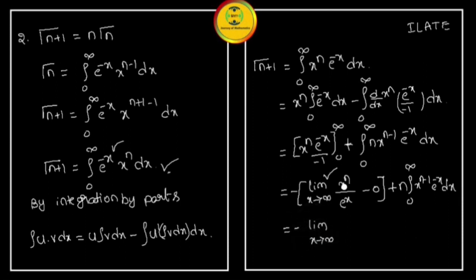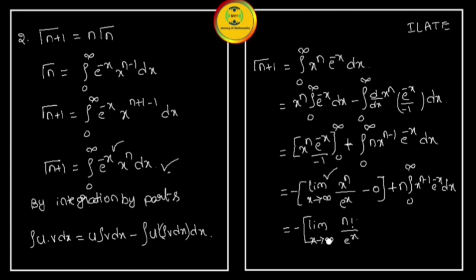If I apply L'Hospital rule n times, that means differentiating x power n for n times, we will get n factorial divided by e power x. Because if I differentiate one time, you get n into x power n minus 1. If I differentiate a second time, n into n minus 1, x power n minus 2 we will get. Similarly, if I differentiate n times, we get n factorial divided by e power x. If you differentiate e power x any number of times, you get e power x only.